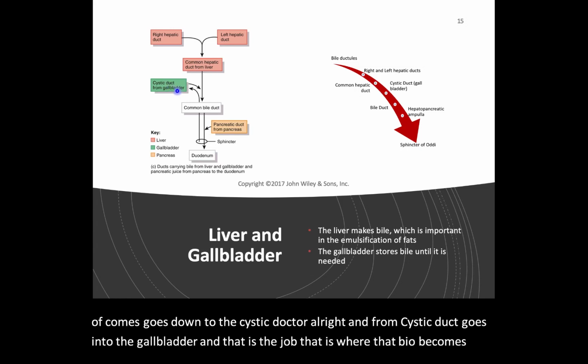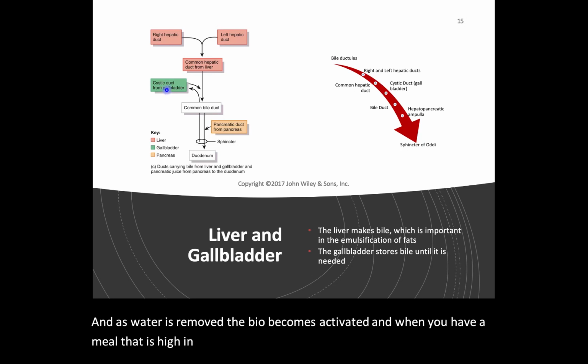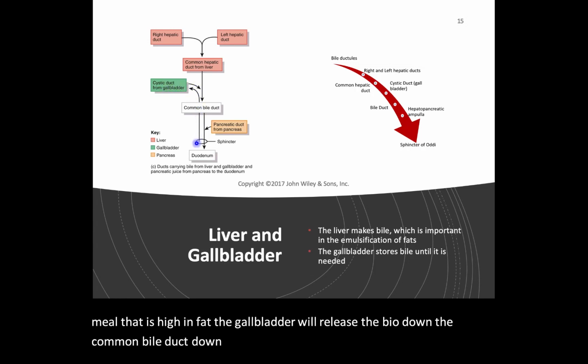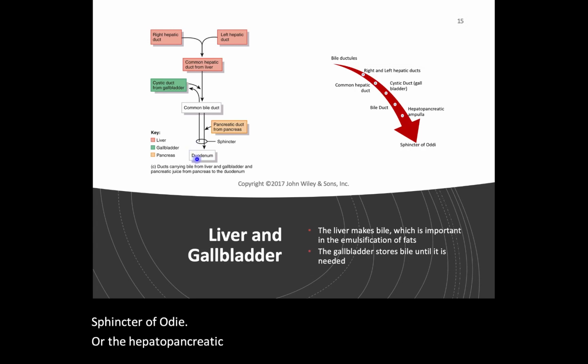Water is removed, and as water is removed, the bile becomes activated. When you have a meal high in fat, the gallbladder will release the bile down the common bile duct, down into the pancreatic duct, and it's released within the sphincter of Oddi, or the hepatopancreatic duct, and secreted into the duodenum.